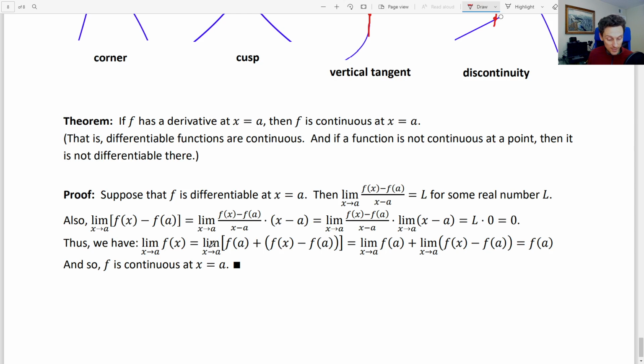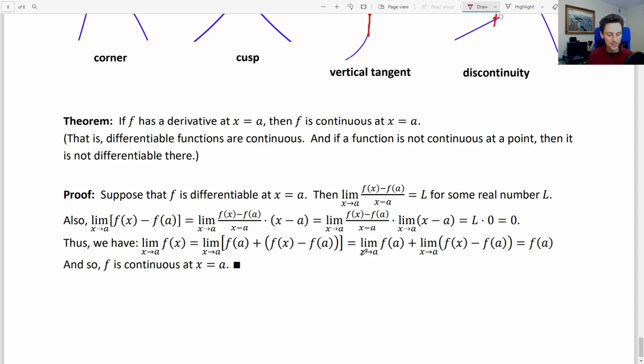And so then we can distribute this limit across the addition using a limit law. And we have the limit as x approaches a of f of a plus the limit as x approaches a of f of x minus f of a. And this part we figured out just above. That's 0. And the limit as x approaches a of f of a, well, f of a is just a constant. There's no x that's changing here. So this limit is just equal to that constant.